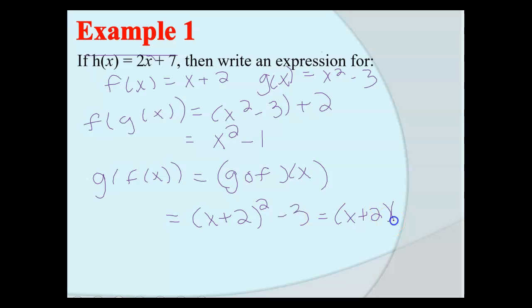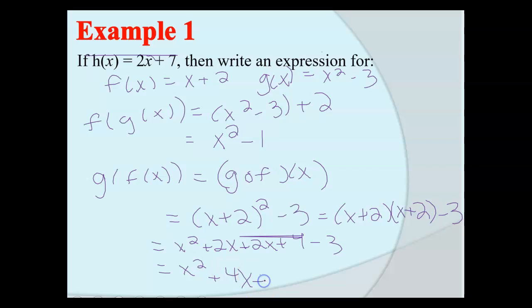So it's x squared plus 2x plus 2x plus 4 minus 3, which is x squared plus 4x plus 1.